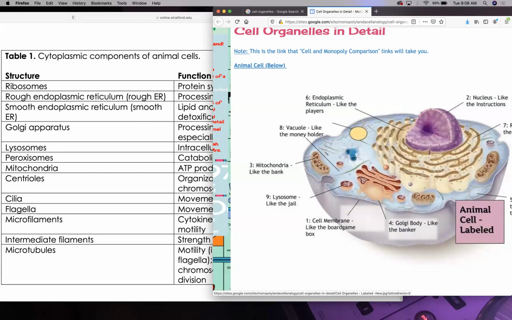So if I have a picture like this and I point at it as a whole, that's a nucleus. The covering is the nuclear membrane, and inside here, this loose DNA is called chromatin. Now, within the nucleus, you have this tightly packed DNA called your nucleolus.